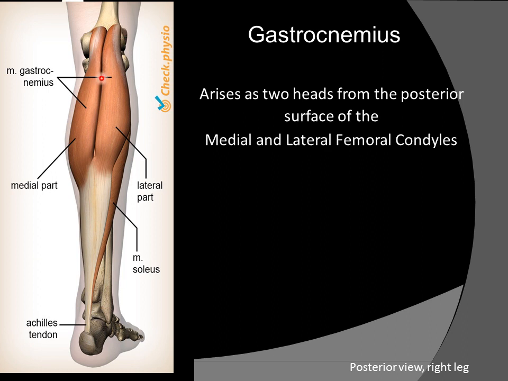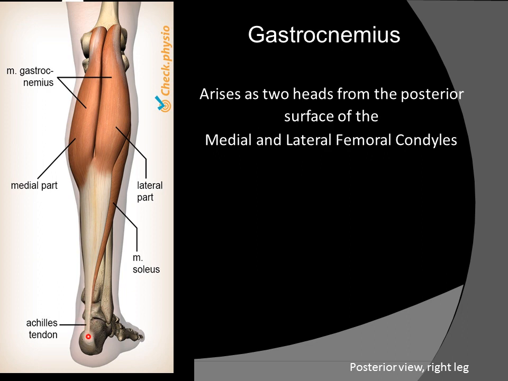So both the heads descend down and unite at the middle to form a broad thin aponeurotic tendon, which unites with the tendon of the soleus, which is known as the tendo calcaneus or the tendo Achilles.